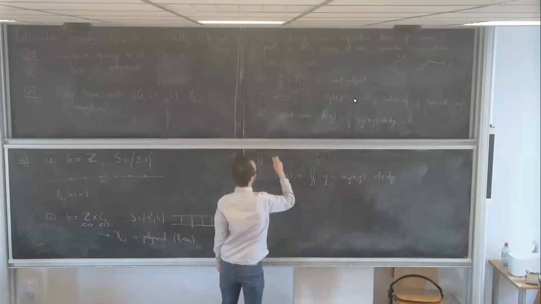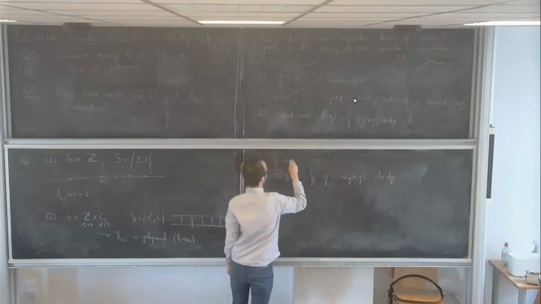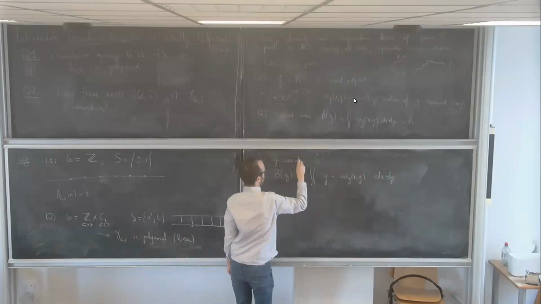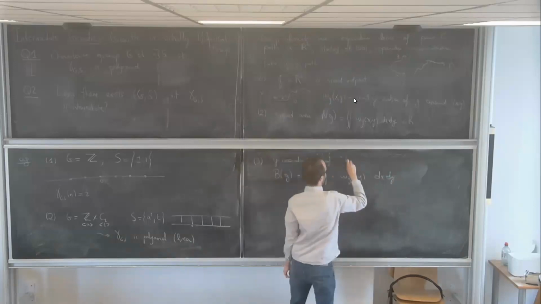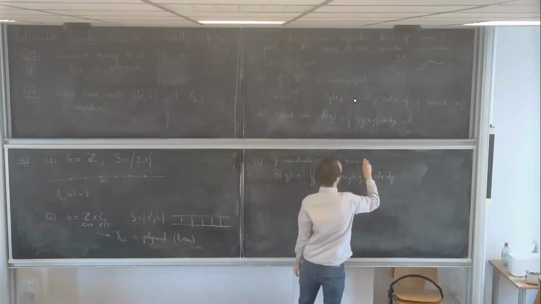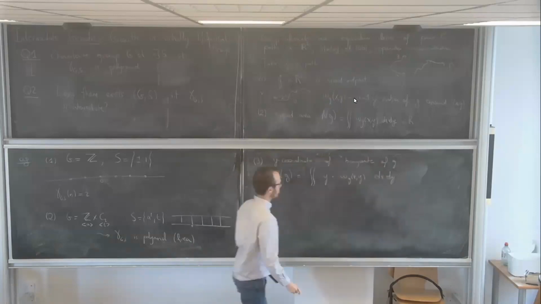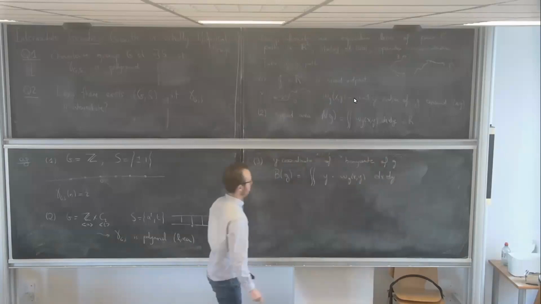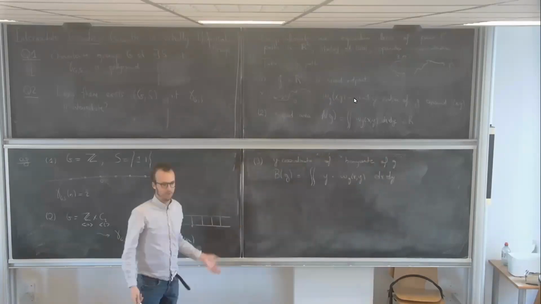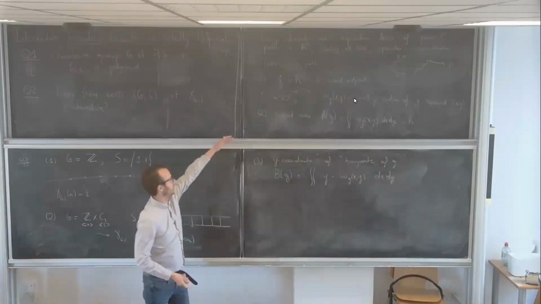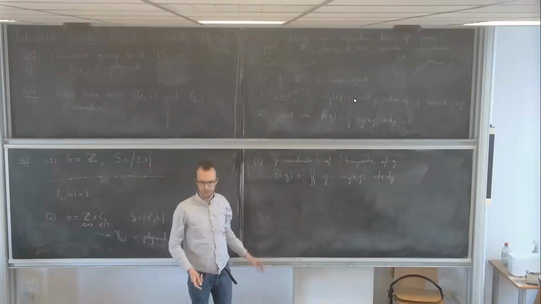It's the y coordinate of some kind of barycenter function. It's a barycenter because you should divide by some area, but here the area could be 0. Anyway, it's a real number.